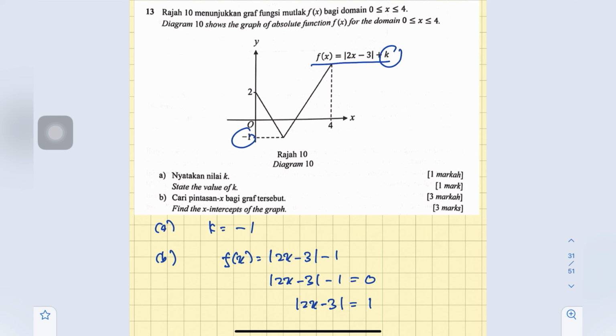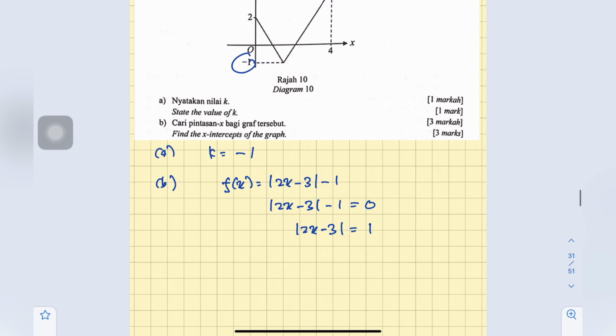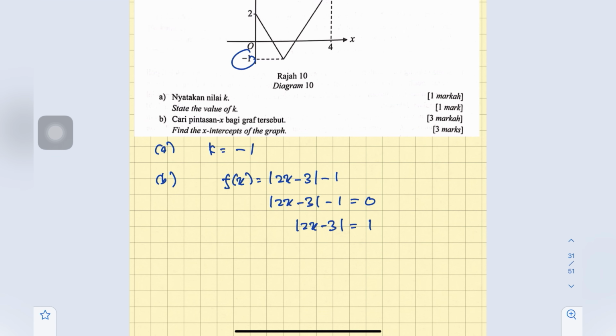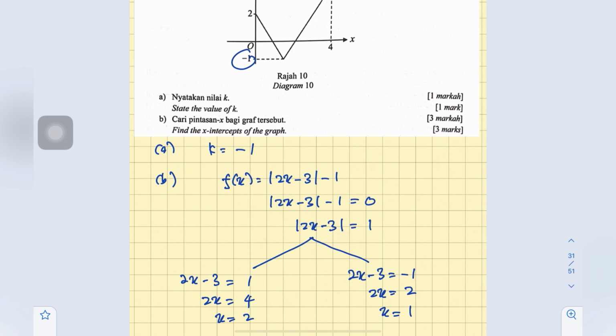Okay, so then we separate into 2 because for modulus we have positive and negative values. So here we have 2x minus 3 equals 1, 2x equals 4, then x equals 2. Okay, another one, 2x minus 3 equals -1. So 2x equals 2, then x equals 1. So these are the x-intercepts of the graph.